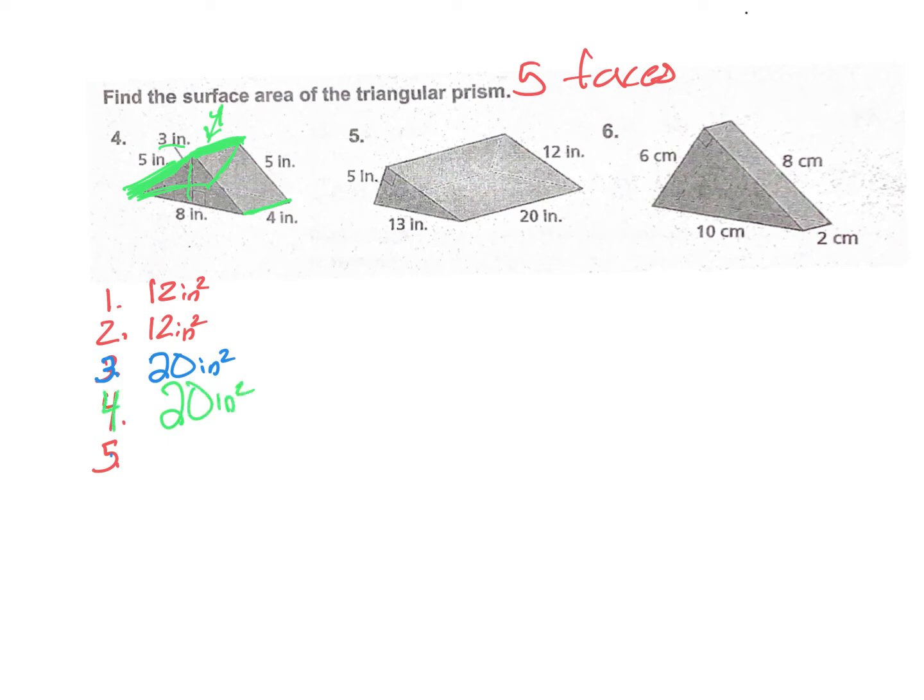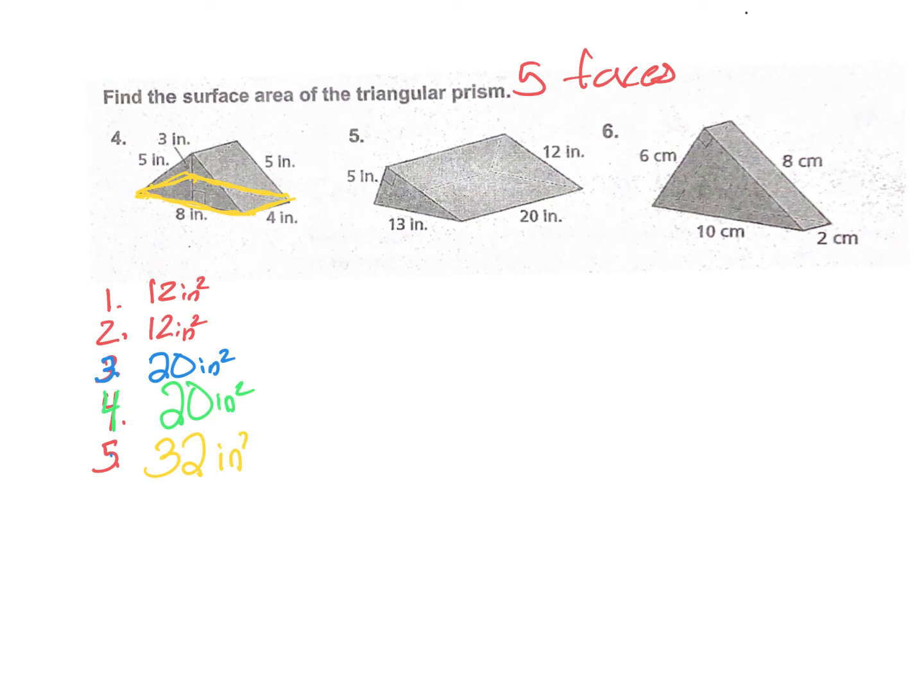Okay. So now what we've done is we've done the front and the back, the 2 sides, and now we just have to go for the bottom. It's what it sits on. And what does it sit on? It sits on an 8 by 4, which is 32 inches squared.